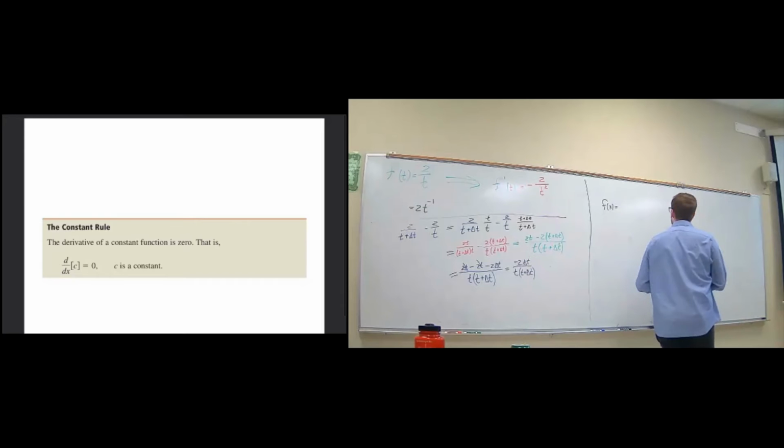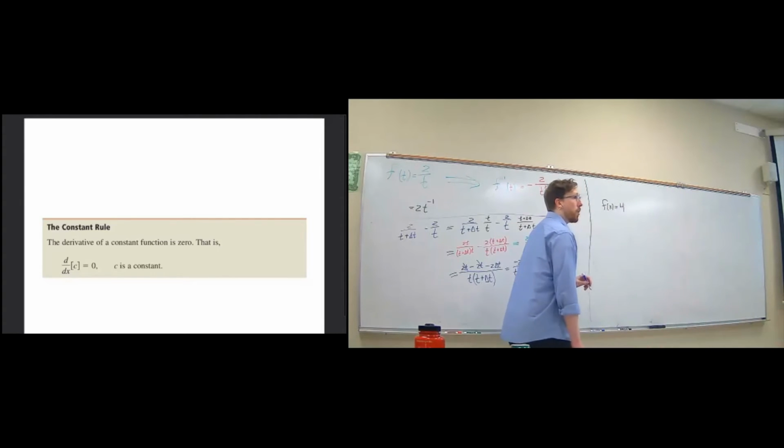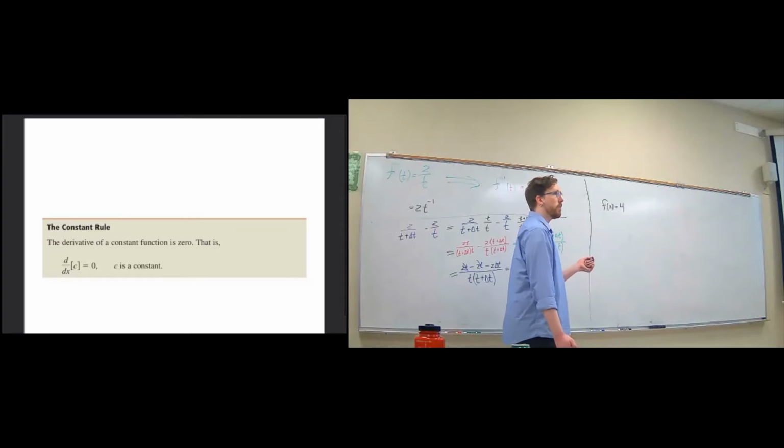So if I ask you to find the derivative of the function f of x is equal to 4, well, it's a constant. The derivative is going to be 0.